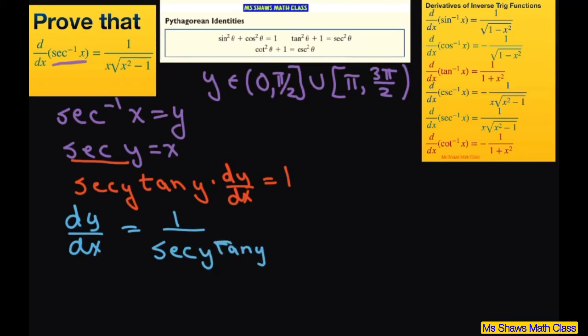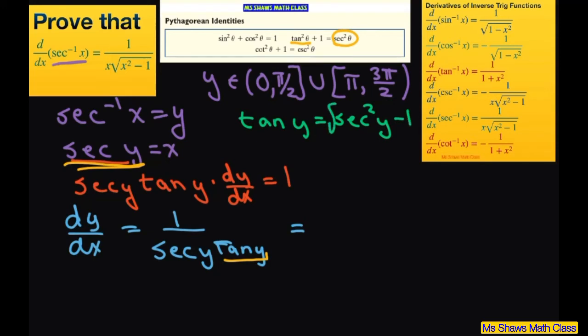Now we want everything in terms of y. So basically we have everything in terms of secant of y, sorry. So basically we have a secant here, and we have a tan here. So I know that tan of y equals the square root of secant squared of y minus 1, if I rewrite this.